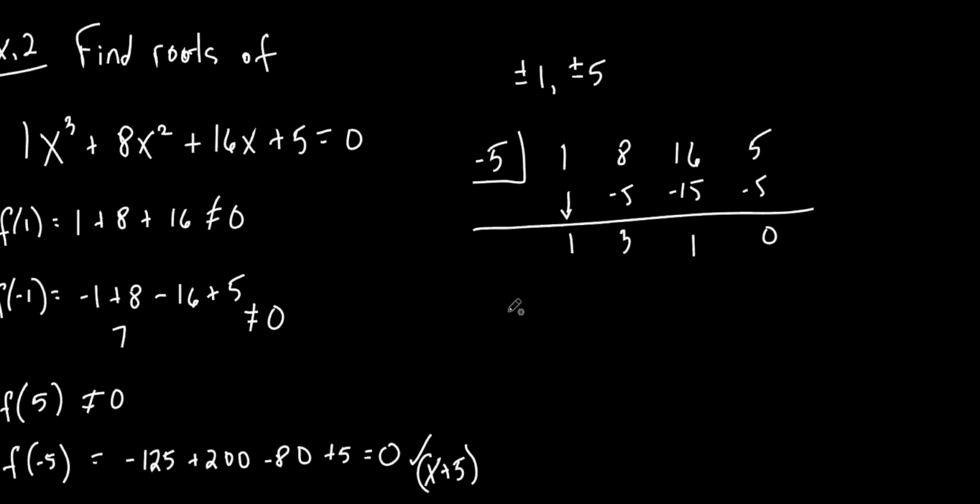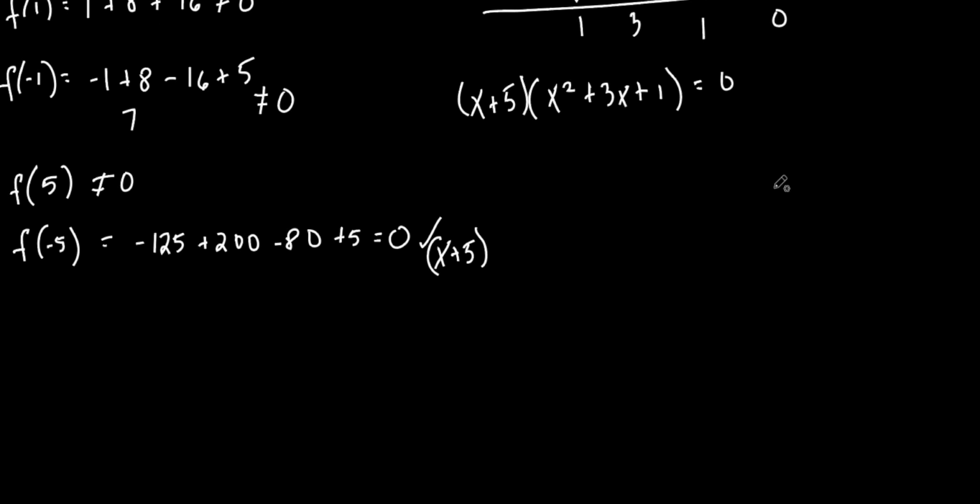So what do I got? I got x plus 5 times 1x squared plus 3x plus 1 equals 0. We good? So you set x plus 5 equal to 0, so x is equal to negative 5. We already knew that.